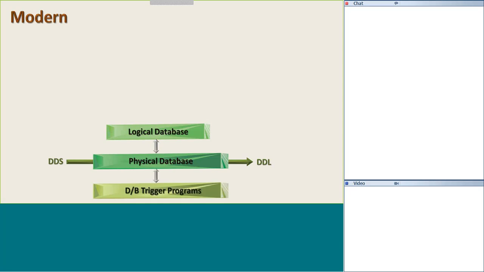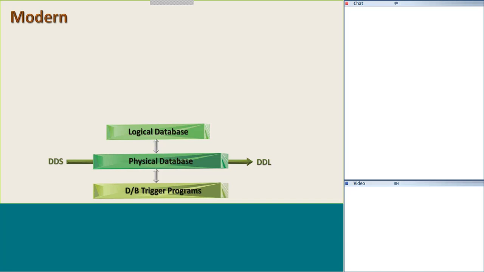Then we have something, and this is what is significant from a modernization perspective, and the start of giving your database its own integrity, making your database self-aware: the database triggered programs, which you can attach to physical database files. And these triggered programs, which I'm going to go into in a lot of detail, provide the file itself with the ability to make decisions about the data that it will and will not accept.